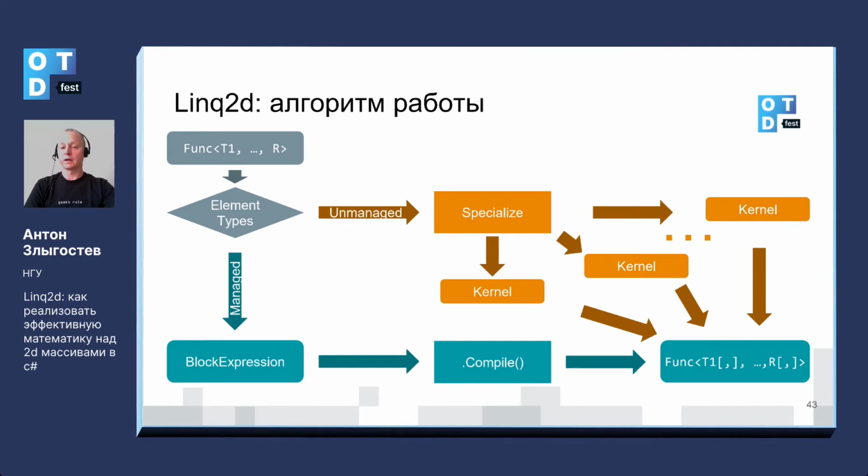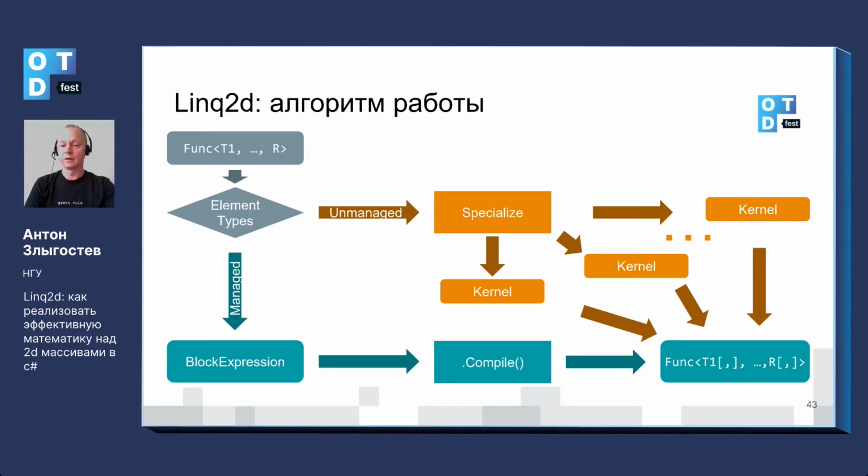First of all, Linq2d checks whether it's a managed type. Then we need to really create managed code. So we create a block expression made of the cycles, and the only improvement is because we put the filter in line in the code.